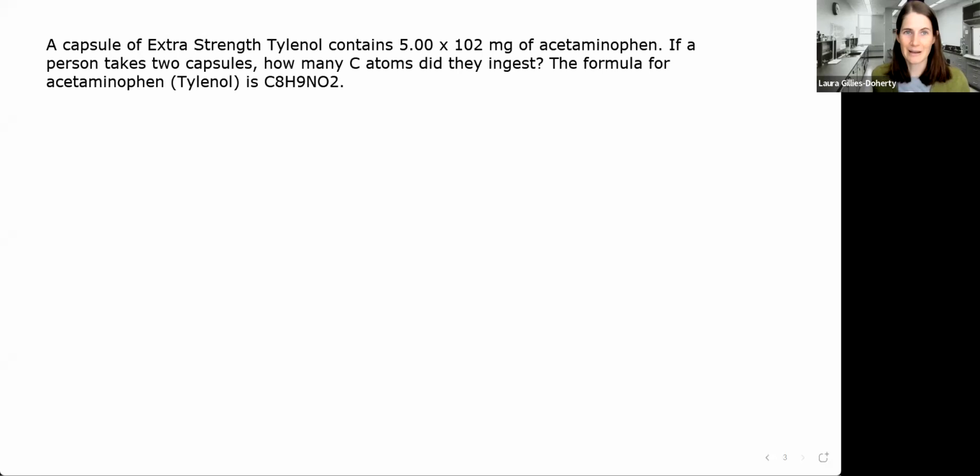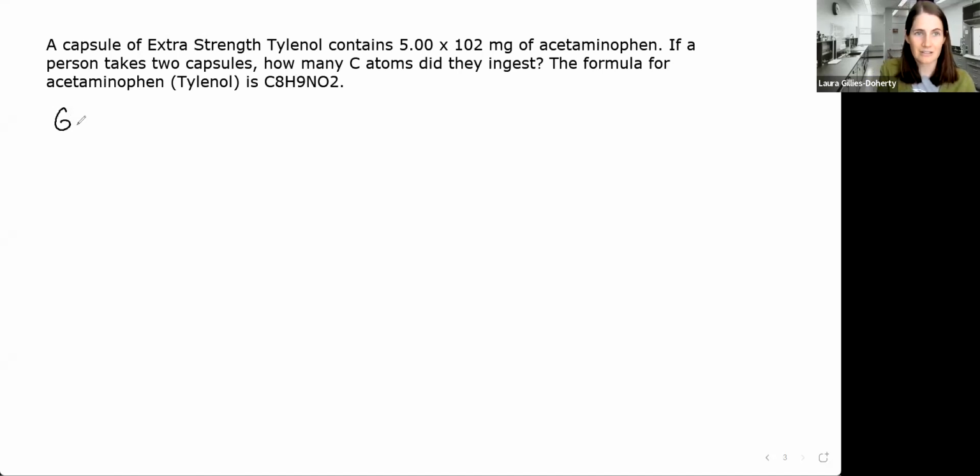Here we go. We have a capsule of extra strength Tylenol, which contains 5.00 times 10 to the 2 milligrams of acetaminophen. So if a person takes 2 capsules, how many carbon atoms do they ingest? And you're given the formula for Tylenol, which the active ingredient is acetaminophen, C8H9NO2.